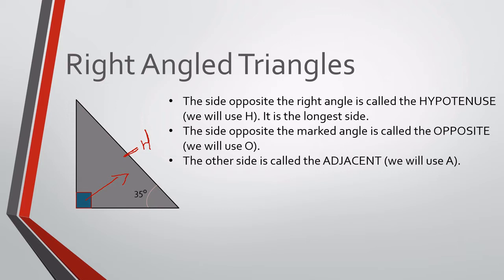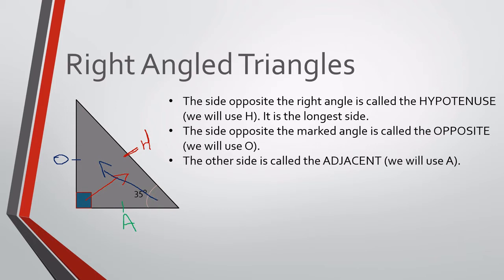Which is the marked angle? This. Opposite to this is this one, and it's called opposite. So we'll use O. And the other side is called the adjacent. The last side is this, which is called the adjacent side, and we will use A. So this is what the labelings are.